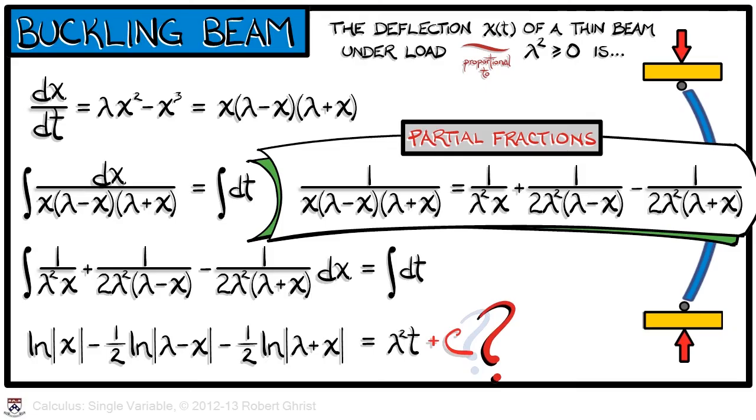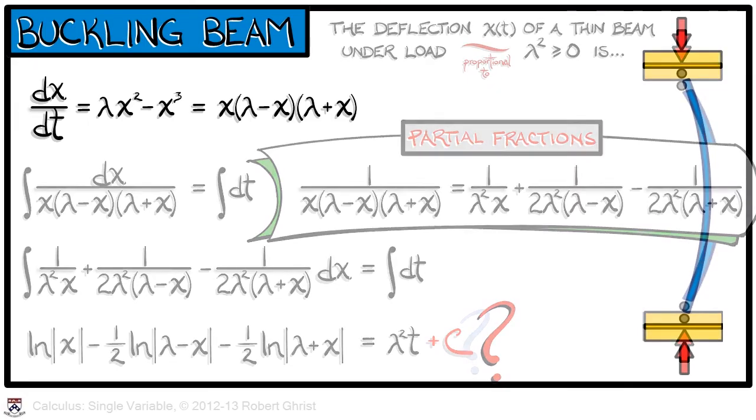Now, what we would do next is try to solve for x as a function of t. This looks like it's going to involve a lot of algebra, and I'm not really in the mood.